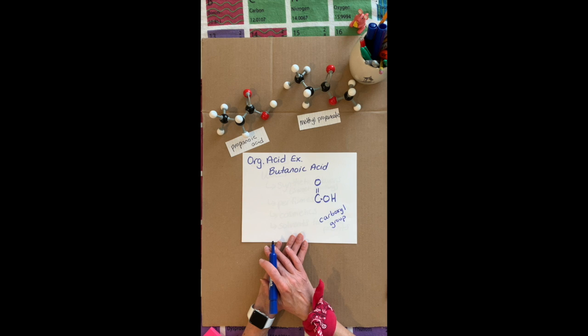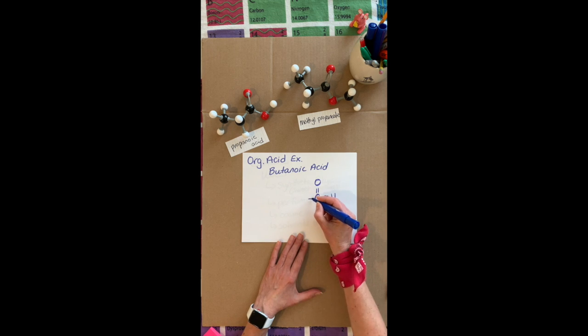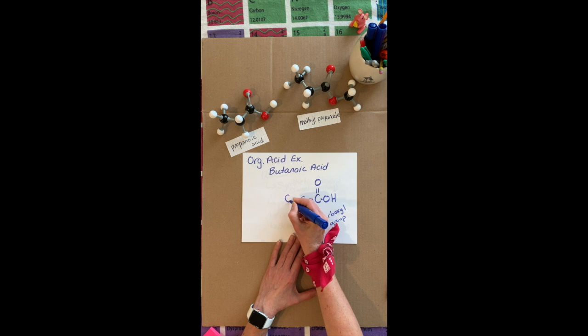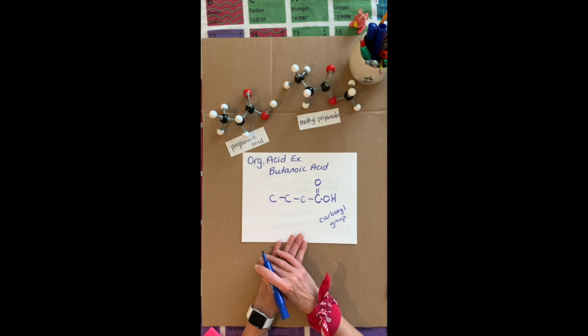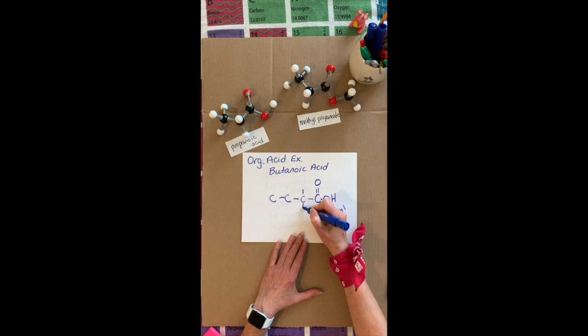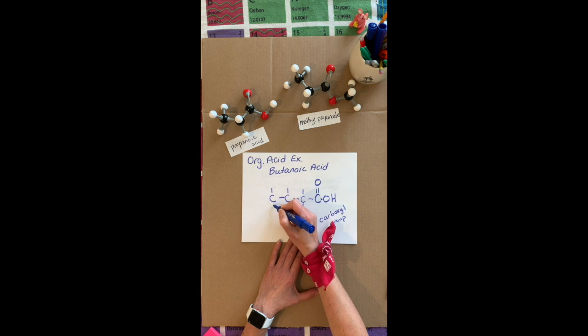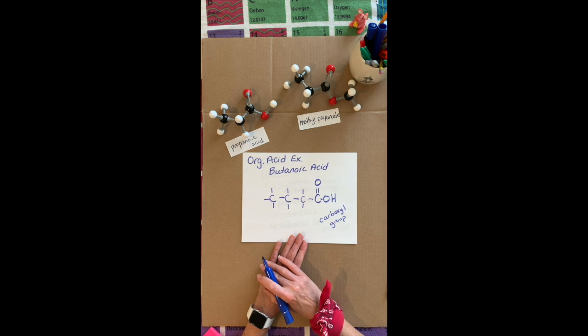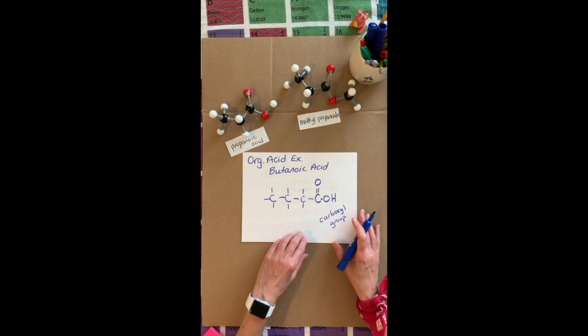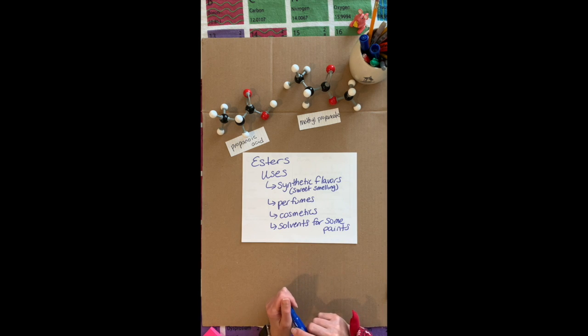There are 4 carbons in all. Here's one of them. 2, 3, 4 carbons. And hydrogens would be coming off of each of those dashes. Butanoic acid.